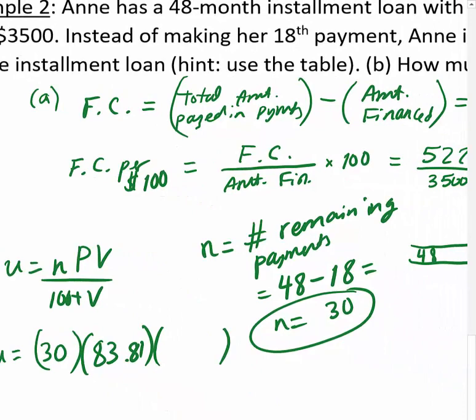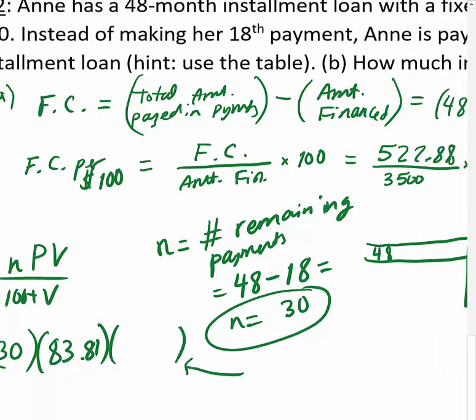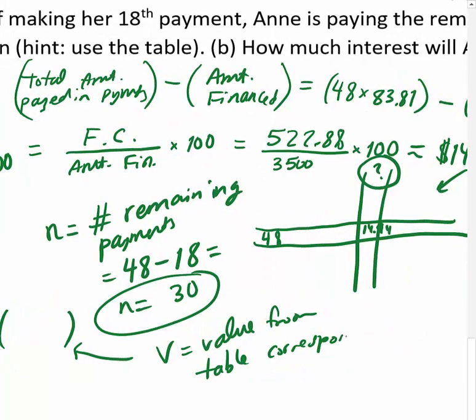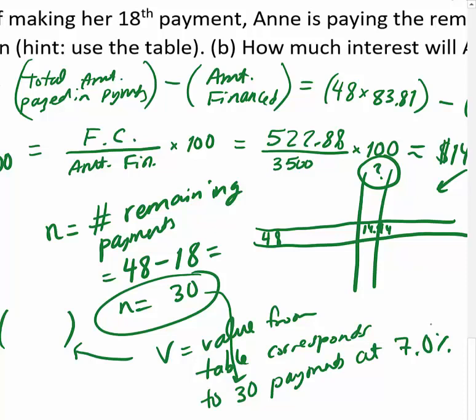V is the value from the table that corresponds to how many payments are left over, 30 payments, with that APR that we found. That's basically the finance charge per $100. So I'm going to try to match up where the row is 30 and the column is 7.